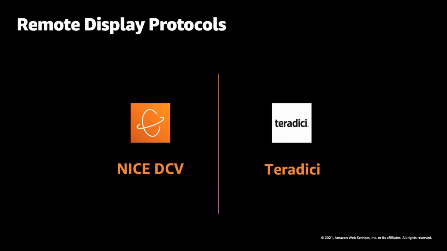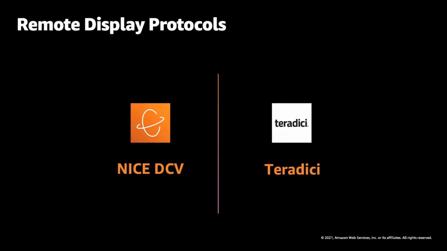These AMIs will allow you to utilize the NiceDCV and Teradici remote display protocols on G4ad. AWS is committed to working with a variety of vendors to publish AMIs, and we look forward to announcing additional AMI support for G4ad as we go forward. You can see all of the AMI support in G4ad in the AWS marketplace, which I encourage you to visit.